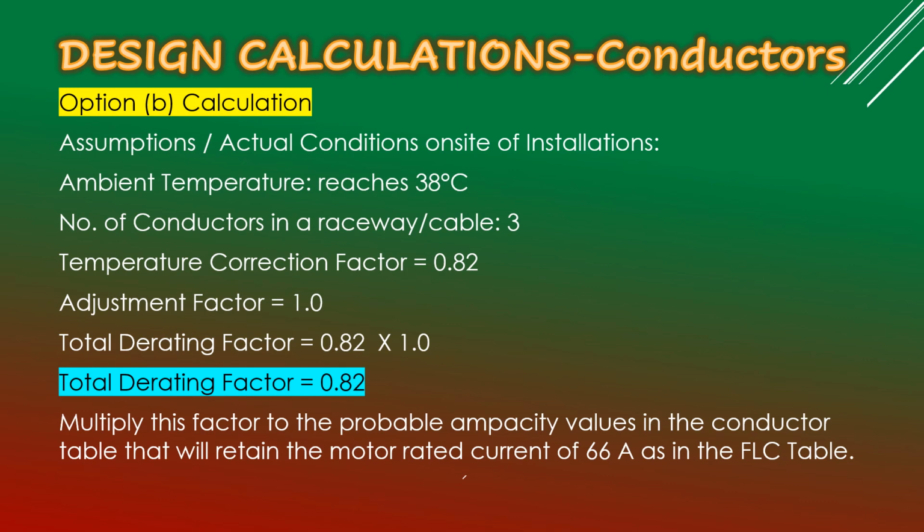Whatever is the value that will retain this 66 ampere FLC of the motor, that corresponding conductor size we have to consider. Then we will compare it to option A. Whichever is larger, that conductor we are going to use.